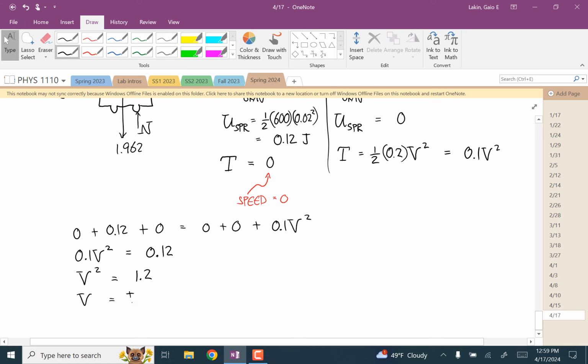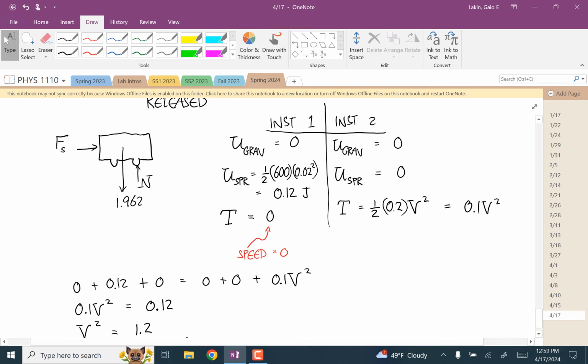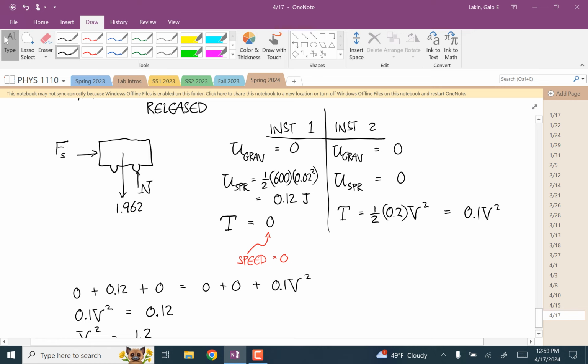So V is equal to, let's round that to 1.10 meters per second. So now we know how fast that thing is moving before the collision.